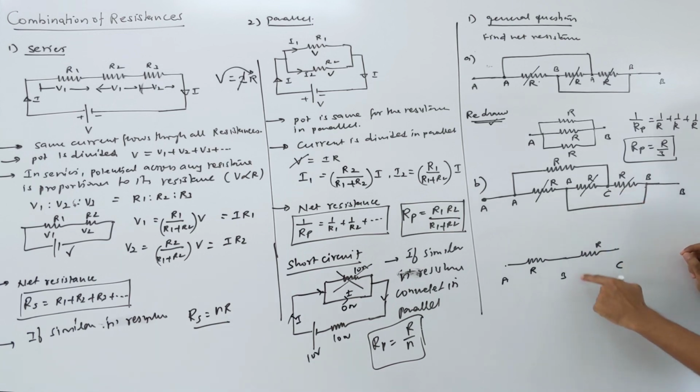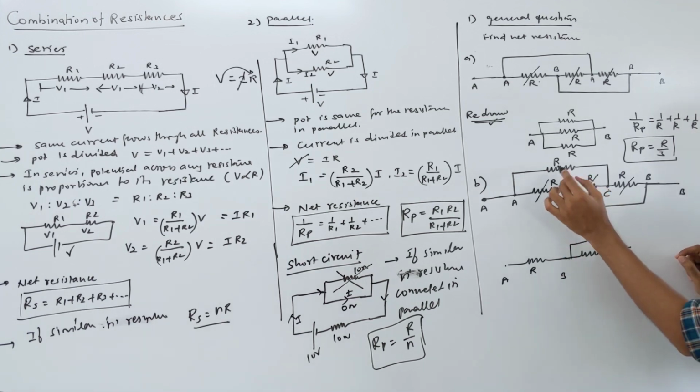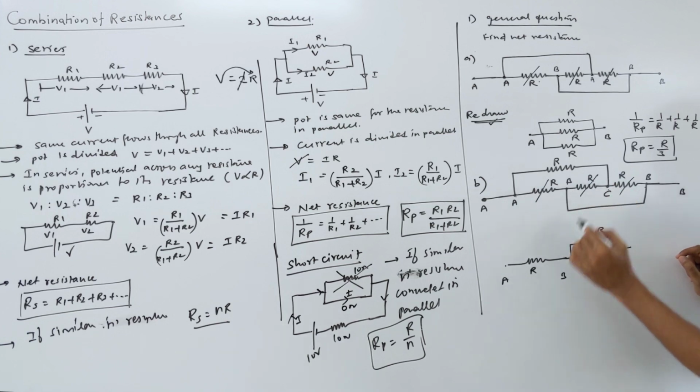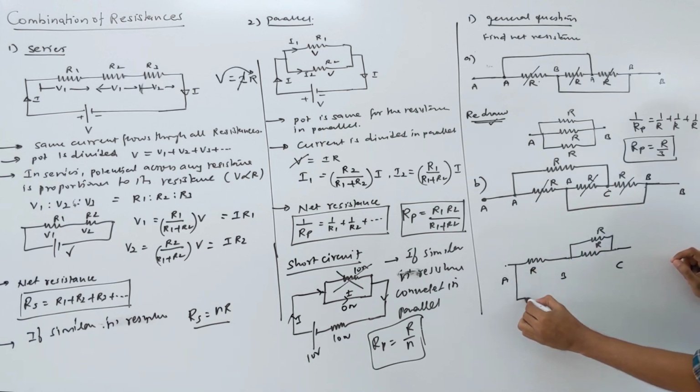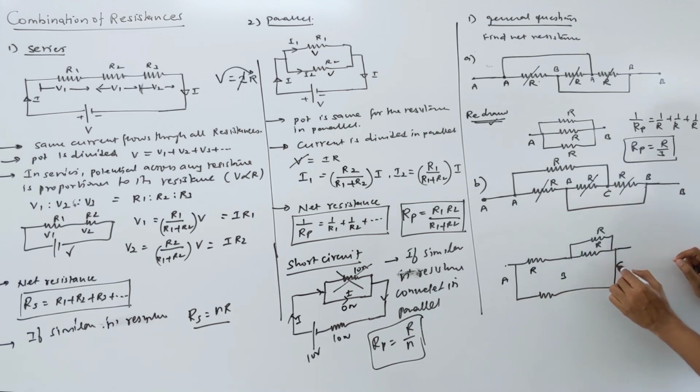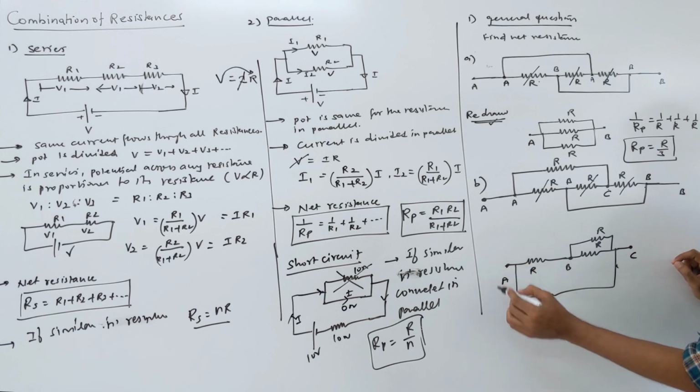C and B, C and B means here only, parallel to this resistance, so it's connected R here, correct. Now what is remaining? This one remaining is connected between A and C, which means parallel to all of this, because this was your C dot, that was your B dot, and that was your A dot, right.